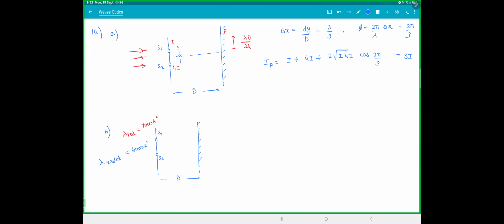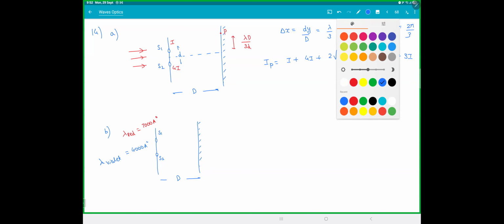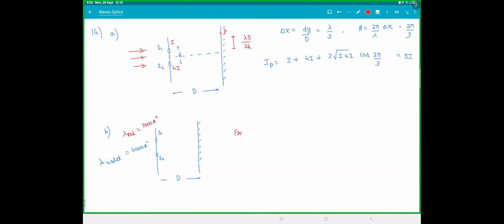The second one, the fringe width. Beta red, let's say the nth red fringe overlaps with the nth violet fringe. So this is NR lambda R capital D by d. Beta violet is NV lambda V D by d.